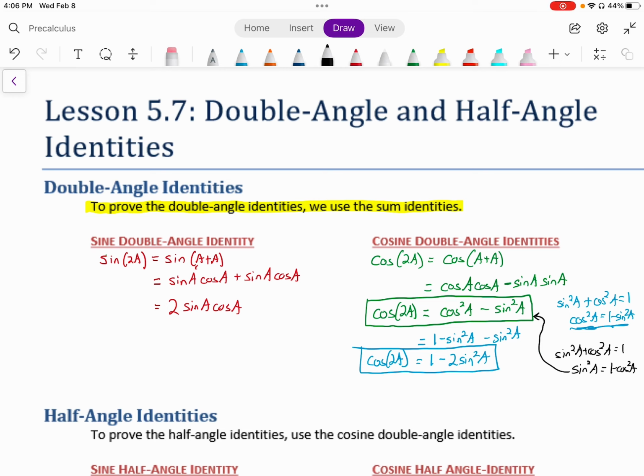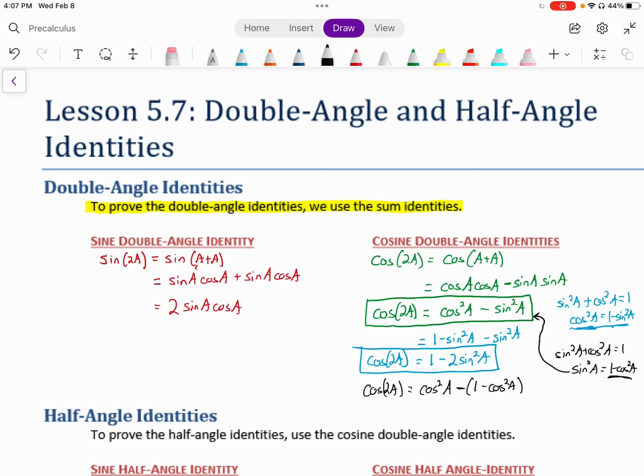So we have cosine of 2a equals, copying the green box here, cosine squared of a minus sine squared, but from our Pythagorean, we know that sine squared is equal to 1 minus cosine squared a.